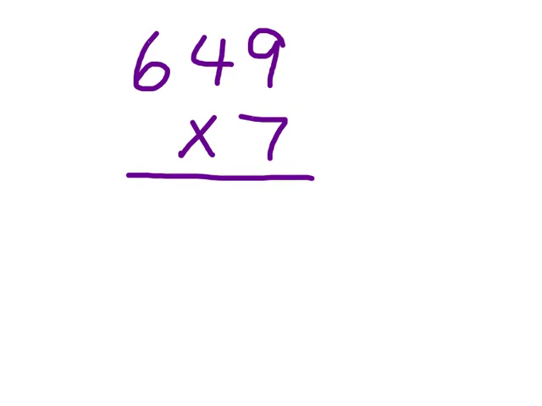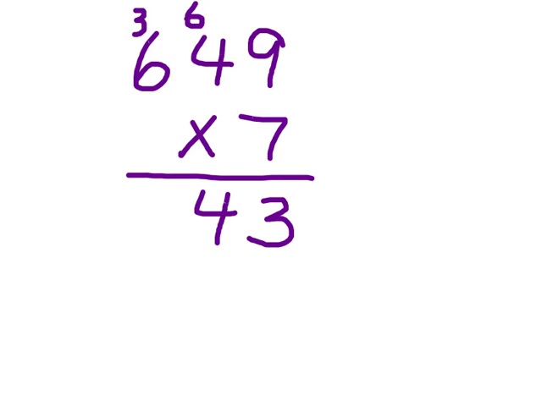Let's do one more example together using the traditional method. So 7 times 9 is my first question. We know that 7 times 9 makes 63, so 3 comes down here, little 6 at the top. Next I have 7 times 4, and that makes 28, and if I add 6 to 28, I get 34.